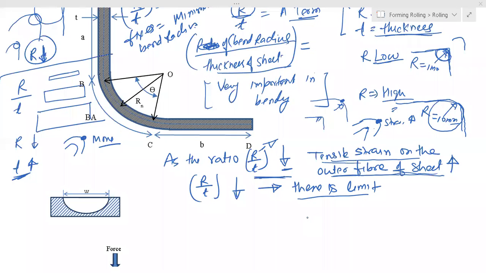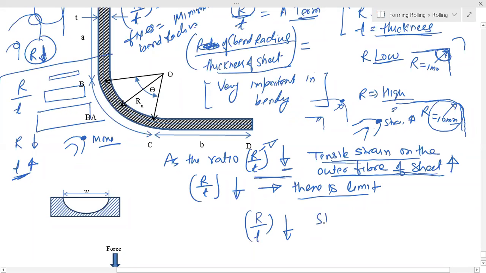So when R by T decreases, strain at the outer fiber increases. So there is a minimum value of R by T, and that value determines the minimum bend radius.